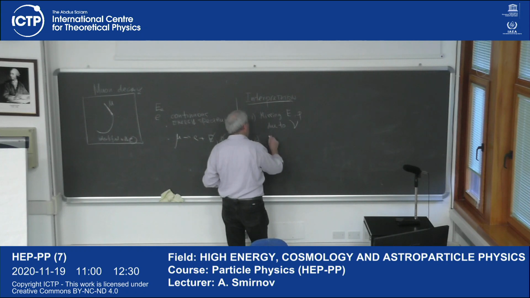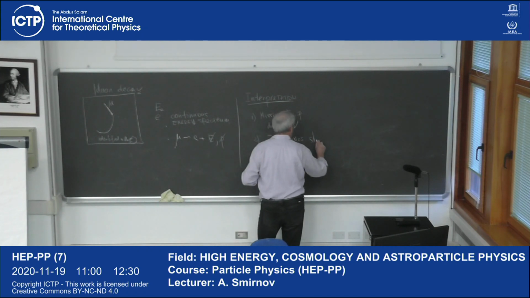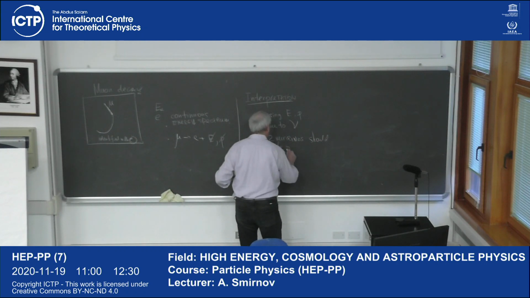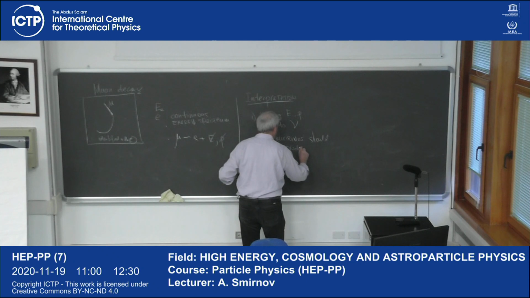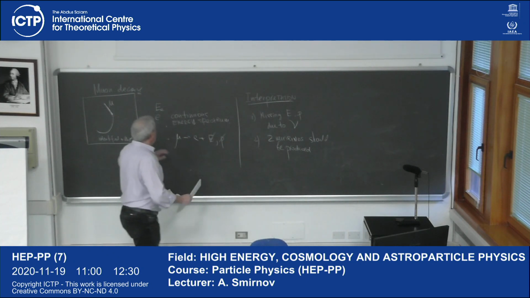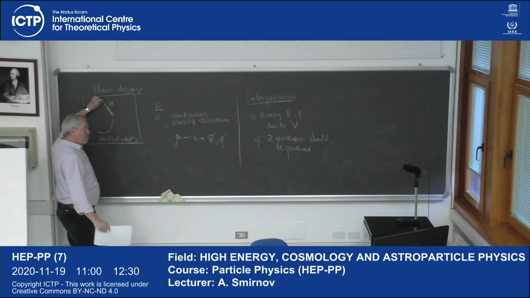And the second, that actually two neutrinos should be produced. So this event looks like a charged particle moves, loses the energy, stops, and then decays.